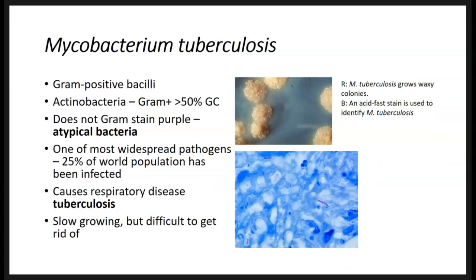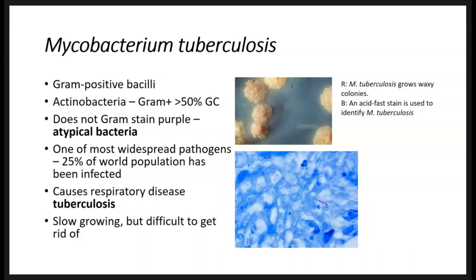So Mycobacterium tuberculosis is a gram-positive organism. It's a gram-positive bacilli. It's in the actinobacteria, so these are high GC organisms, so greater than 50% of its genome is G and C. It does not gram stain purple, even though it's a gram-positive bacteria.